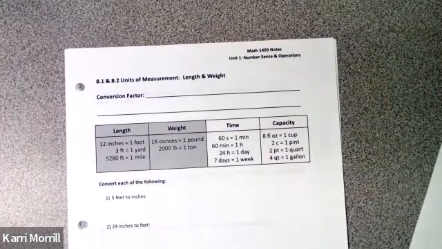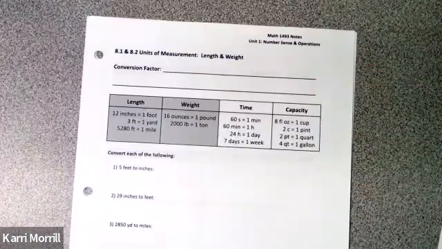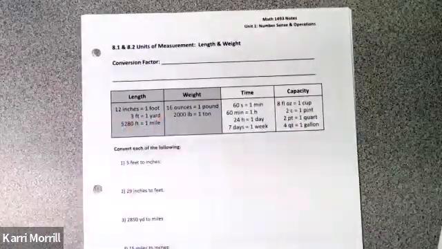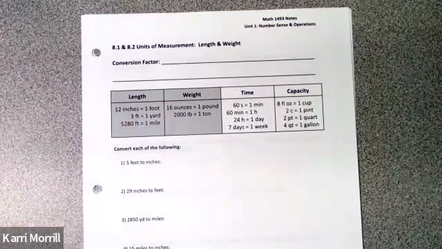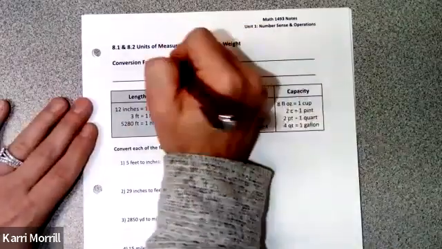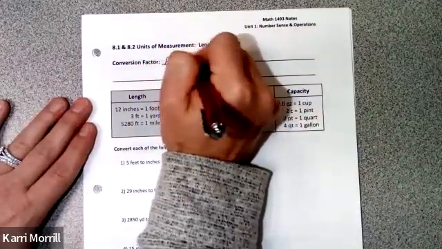Okay, so let's turn and actually get into the lecture now. If we're talking about units of measurement, first we're really just going to talk about length and weight. So a conversion factor is just a rate. That's what we just talked about.